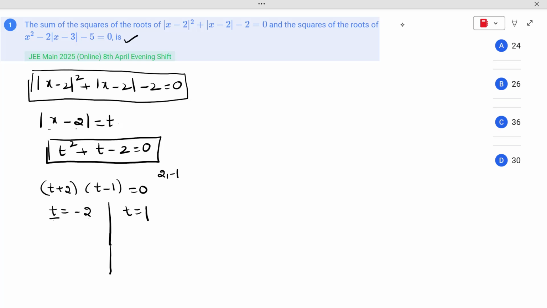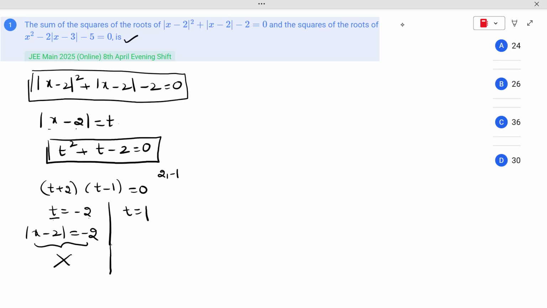So |x - 2| = -2. What is the meaning of this? The modulus of some function is the negative of a number. Can the modulus be negative? No, it is not possible. So can we get a valid root from this? No, we cannot get a valid root.